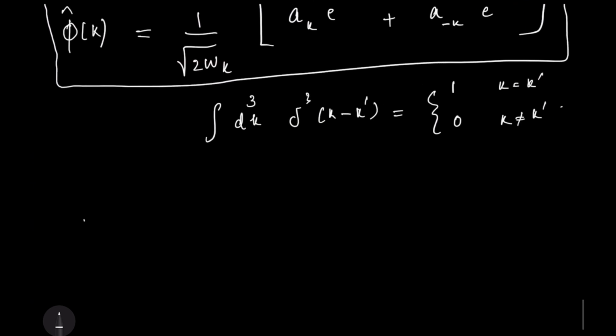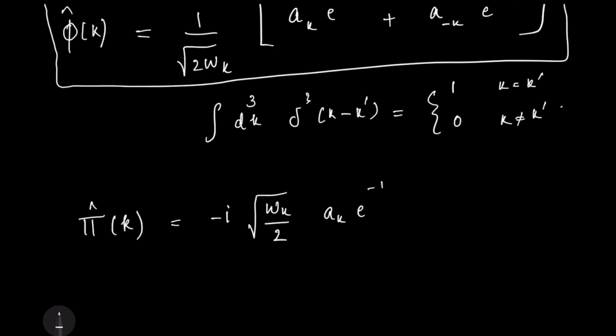So following a similar method, I can also find out pi of k. I am not doing it in detail. I hope all of you followed the previous steps and you can do it yourself and get the equation. Pi of k is equal to minus i under root omega by 2, ak e raised to minus i omega kt minus a minus k dagger e raised to i omega kt.